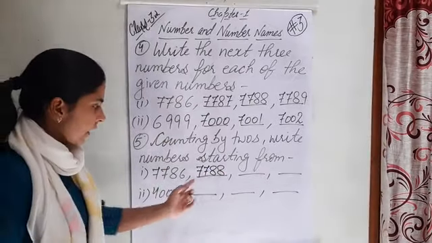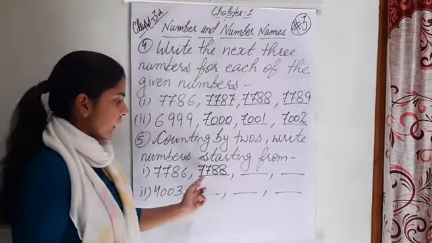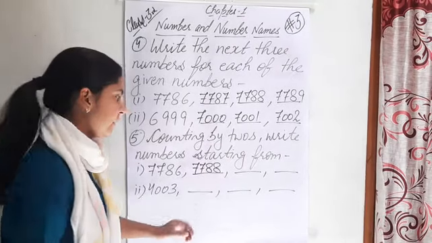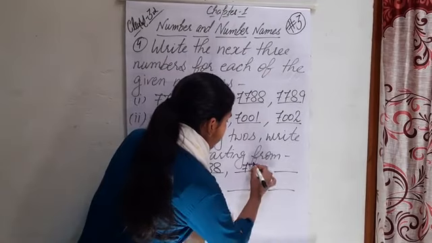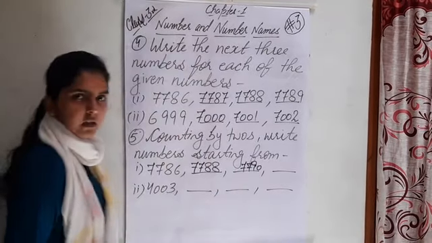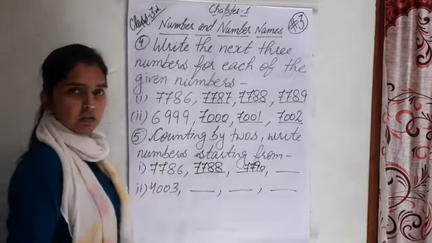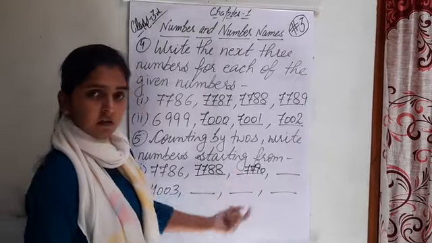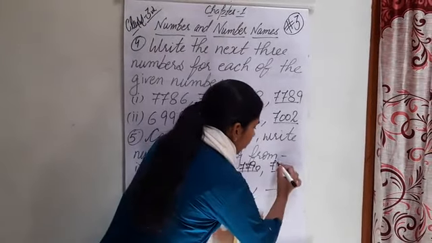Then 7789, we will not write. Then the next number will be 7790. And then the next number will be 7791, that we will not write. And next number will be 7792.